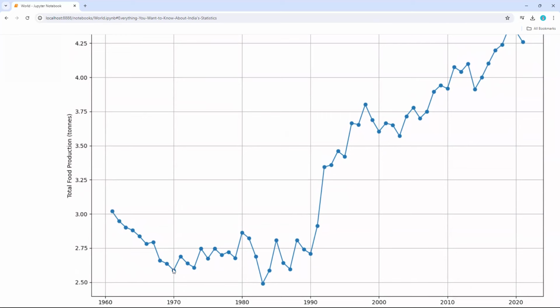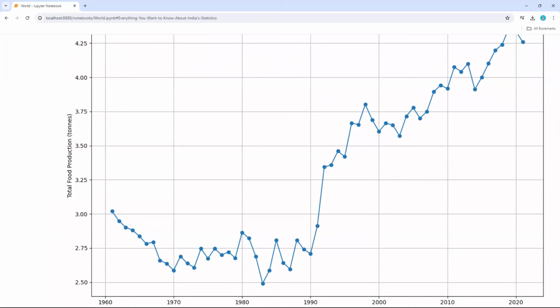From 1970 to 1980 it slightly increased. Again, from around 1982 or 1983, there is a drastic decrease, so the food production dropped in 1982. From 1970 to 1990 there are a lot of fluctuations, and the production is very low.